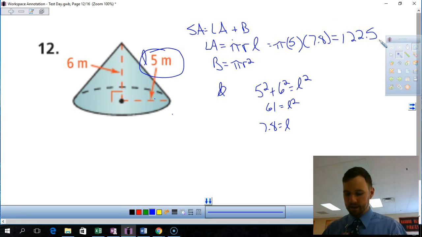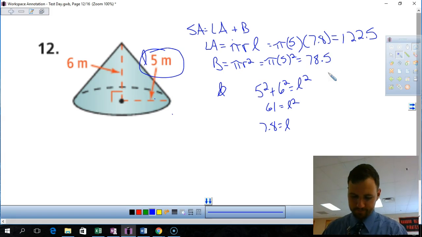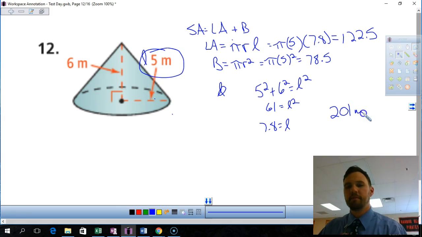I'm going to add to that pi r squared, which is pi times 5 squared, 78.5. And I'm going to add those two together. I get 201 meters squared equals surface area.